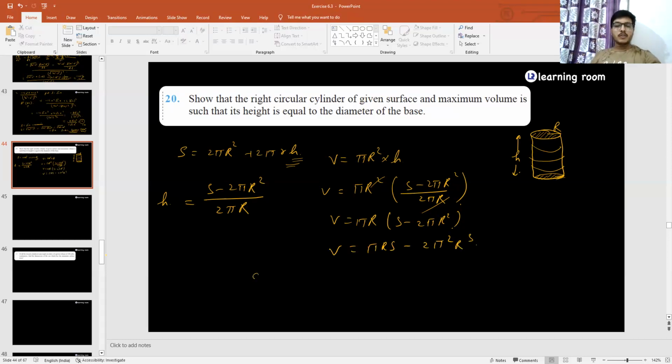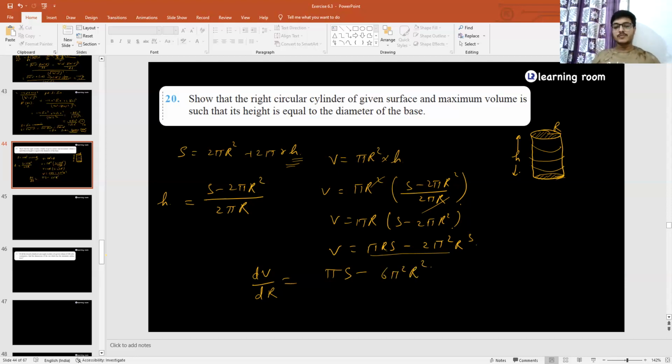Now I need to get my volume to be maximum with respect to the radius. So I'll differentiate with respect to r. After differentiation of the volume, one r term is there, so you'll get pi s minus, from r cube, it will be 3 into 2, 6 pi square r square.